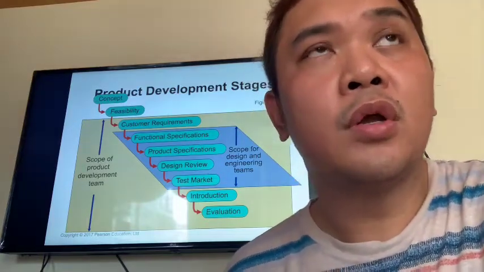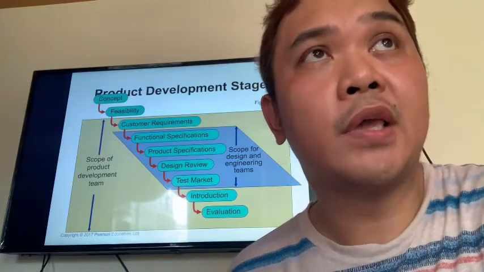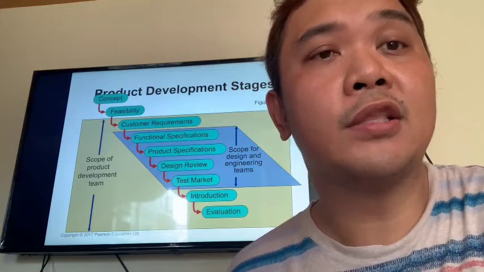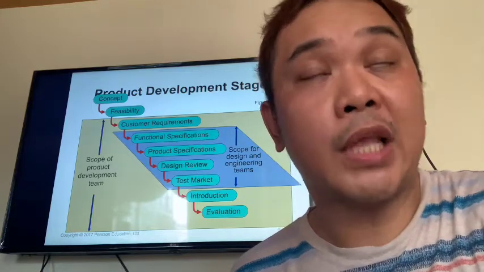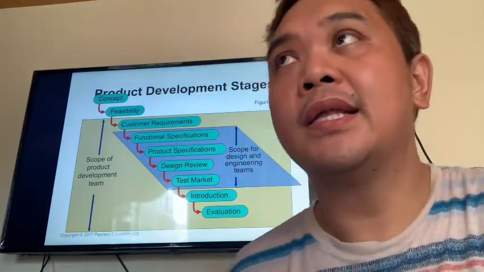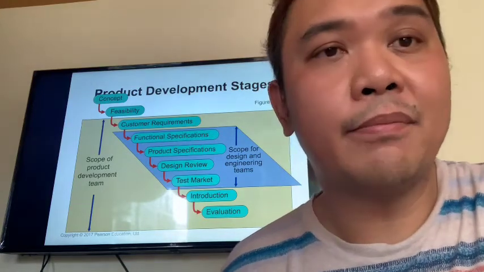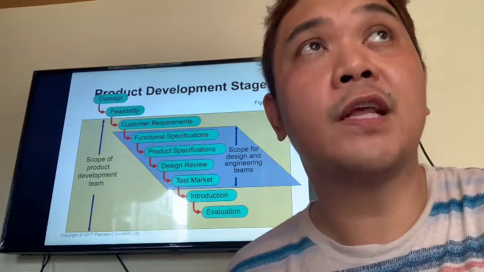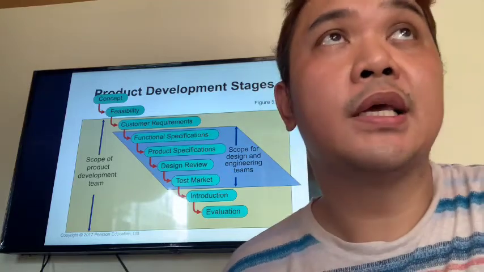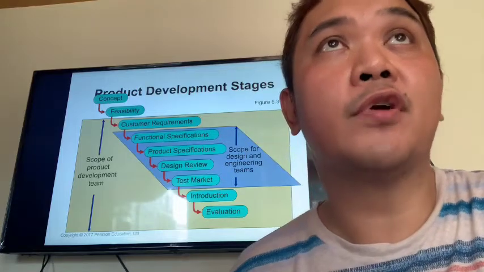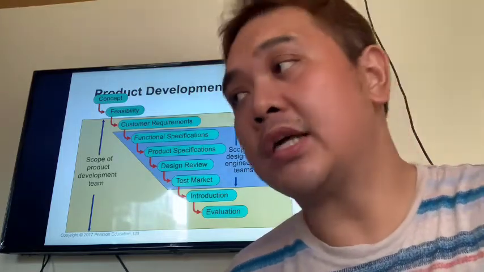You need to conduct a market survey of at least 100 customers, potential customers, and list down or ask them what the different requirements or the different specifications are necessary for your new product.